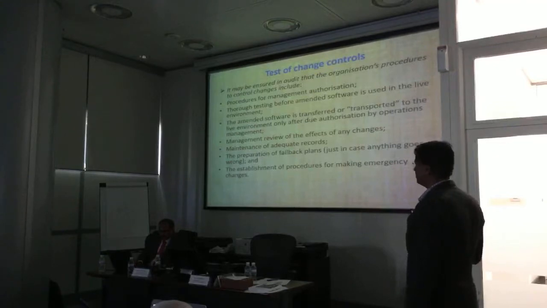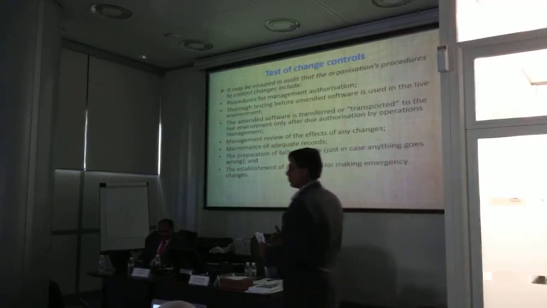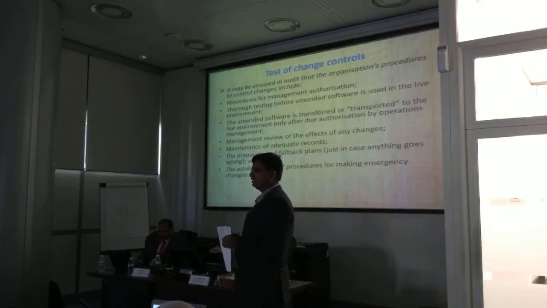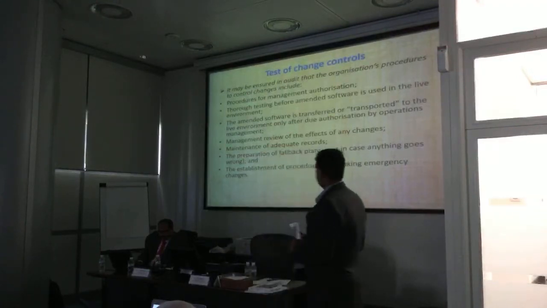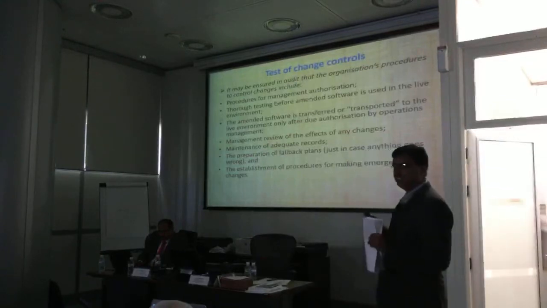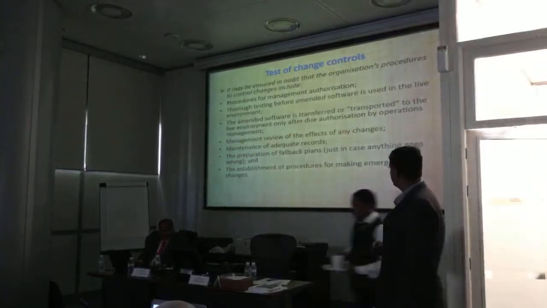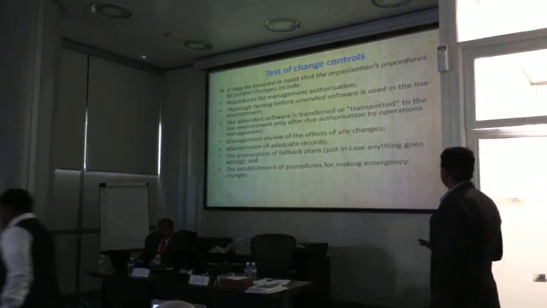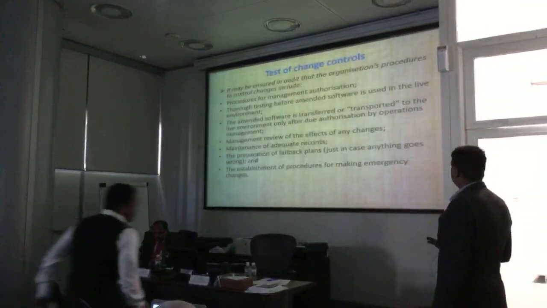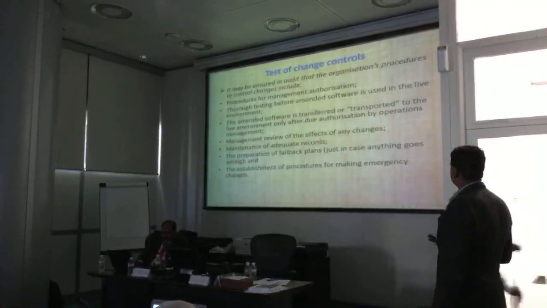Maintenance of adequate records; there should be proper documentation of what changes have been made. Preparation of fallback plans. If there is any major change, then the current system should be taken as backup, so that any incorrect changes do not corrupt the system. The establishment of procedures for making emergency changes.